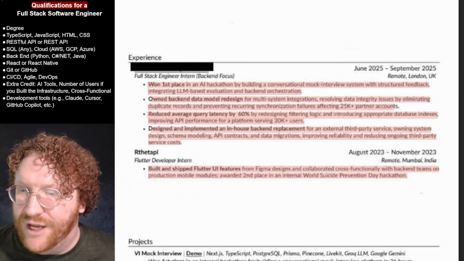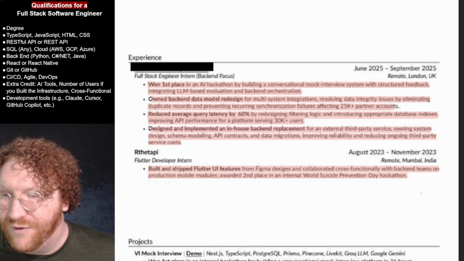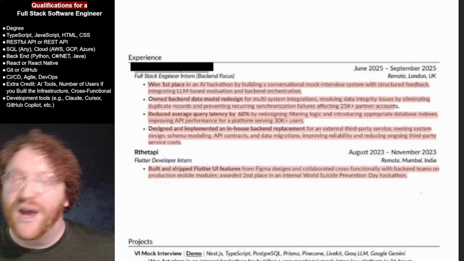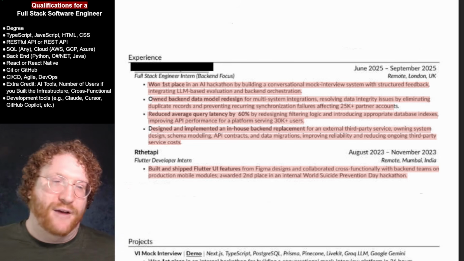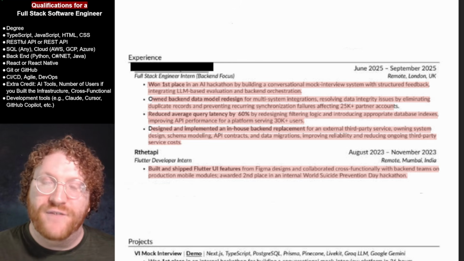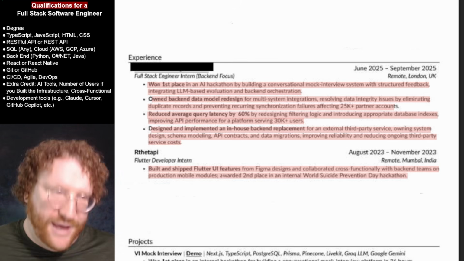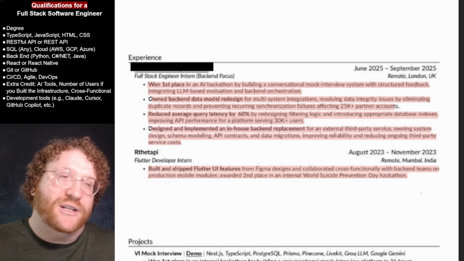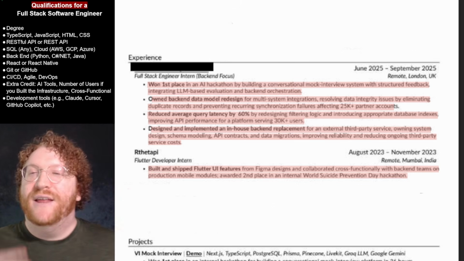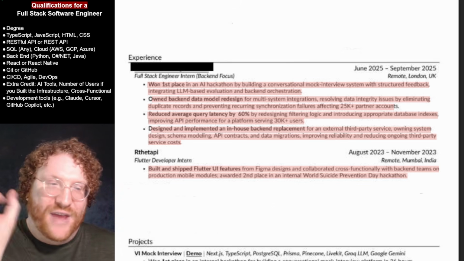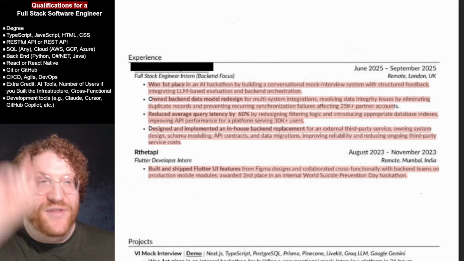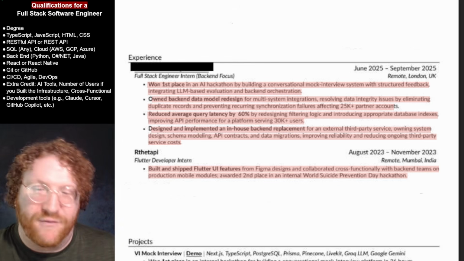Resolving data integrity issues by eliminating duplicate records and preventing reoccurring synchronization failures affecting 25K partner accounts, hot dog. None of those are relevant to what I'm looking for. They imply it. Again, just like a hot dog has meat and buns like a hamburger, they are not the same thing. And this is the only stuff that we're looking for.